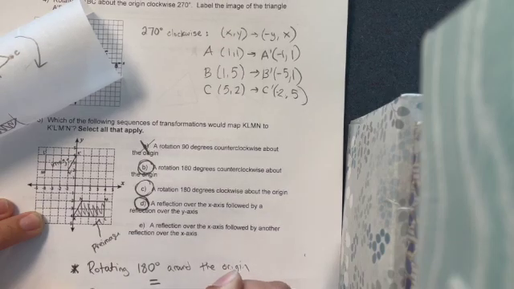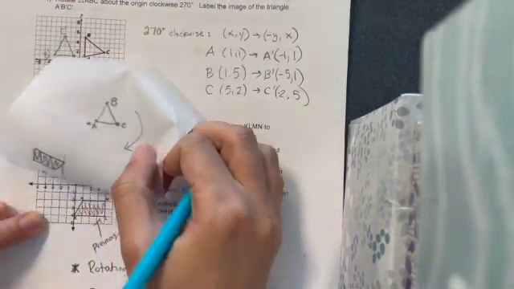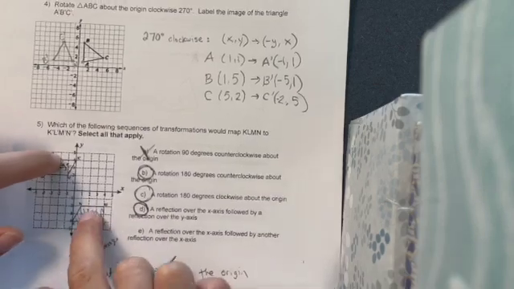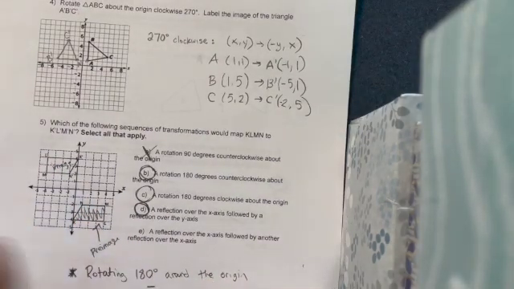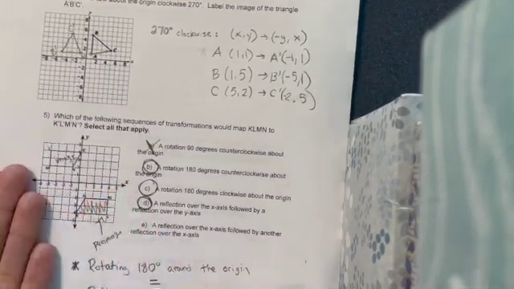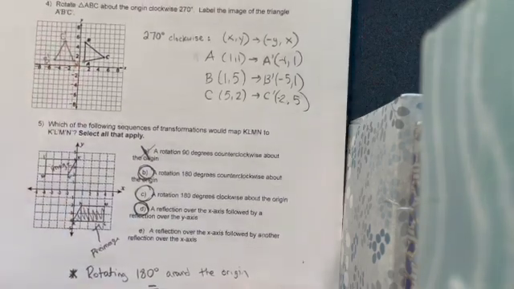So there's not a thing like this for everything, but to get a 180 degree rotation, that's actually the same. It's always going to be the same as reflecting over the y and then reflecting over the x.